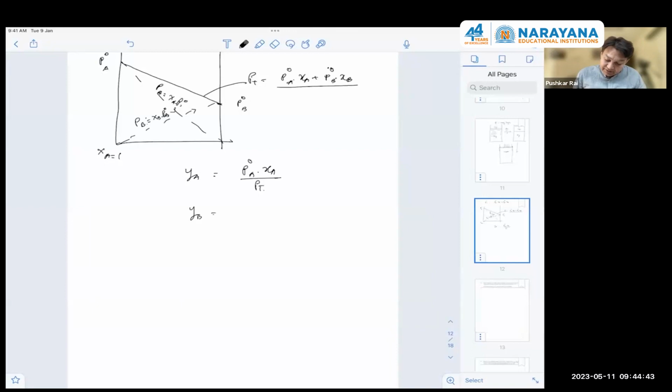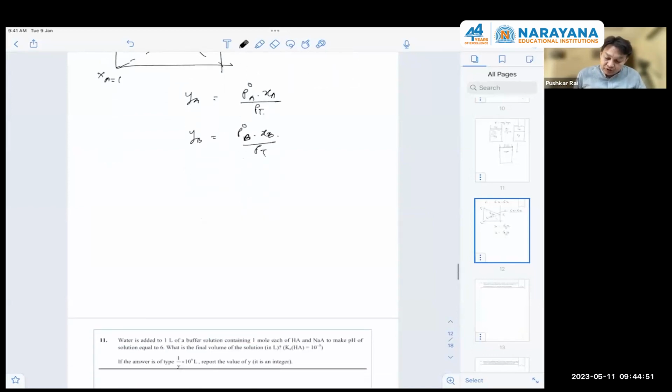Similarly, YB is equal to P naught B into XB divided by PT. So you can eliminate YA and XA, and you will get another very interesting formula. PT is equal to P naught A, P naught B divided by P naught A into YB plus P naught B into YA. Have you done it?